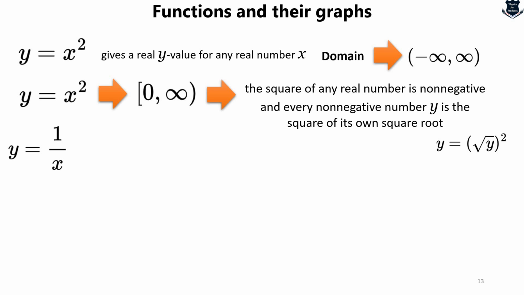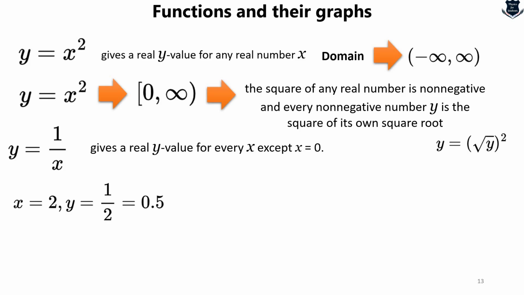And this proves the domain and range. Now, the next example, the formula y equals 1 upon x, gives a real value for every x except x equal to 0. Now, when I say it gives a real y value for every x except x equals 0, what do I mean? For example, if I take x equals 2, then y would give 0.5. If I take x equals minus 3, it would give minus 0.33. But what would happen if I take x equals 0?